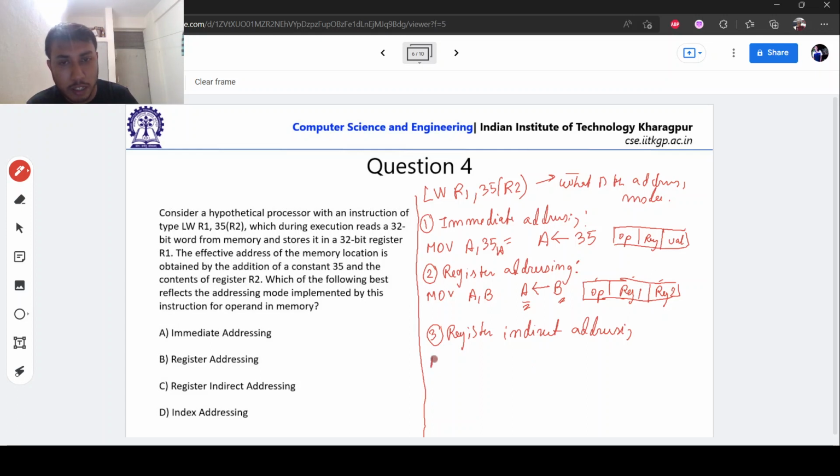One example is, suppose, move A, B. If this is the memory, and the locations start at 100, 102, 104, 106, and suppose B contains the value 104, then in A the value of location 104 will get transferred.